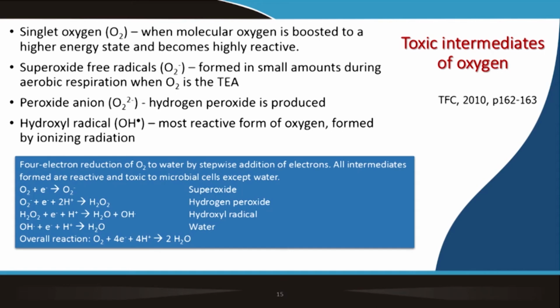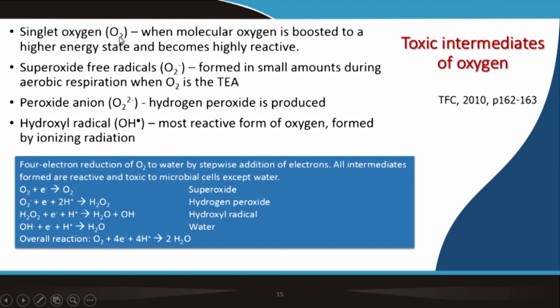Now, all the different aerobic species of bacteria, as well as some of the others, have different ways of dealing with it. We will come back to that later. So these are the toxic intermediates of oxygen that the aerobic as well as facultative bacteria have to deal with, and we'll come to the other groups of bacteria in a little bit.